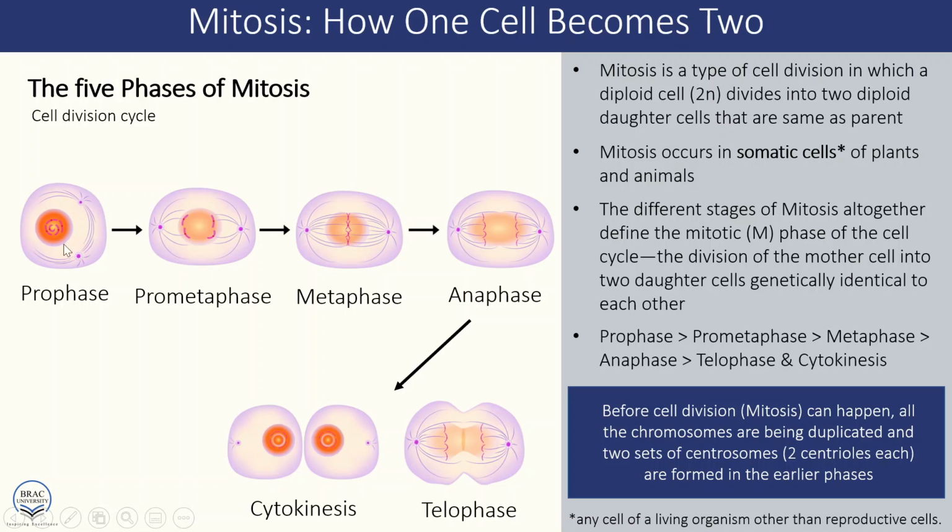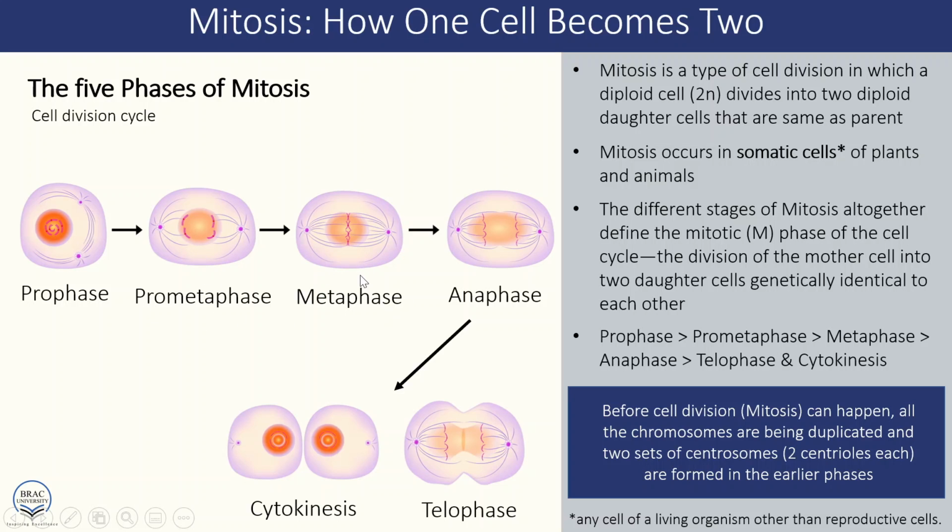So that's the prophase. In the prometaphase, the nuclear envelope breaks down into fragments, and the spindle attaches to the kinetochores of each chromosome.